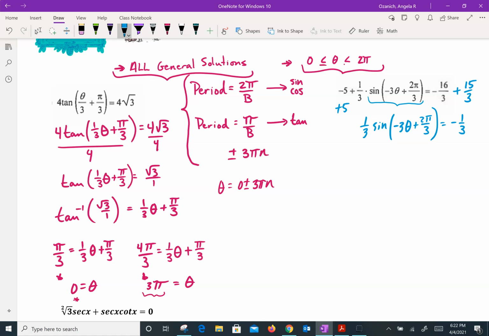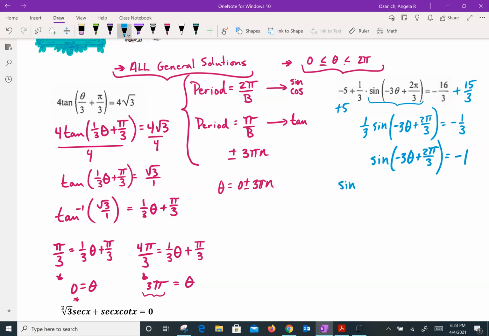And then if we clear the fraction by multiplying by 3, what I'm looking at now is sine of negative 3 theta plus 2 pi over 3 is equal to a negative 1. Okay, so you guys take it from here.